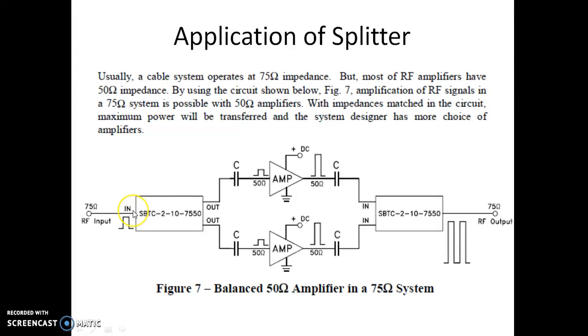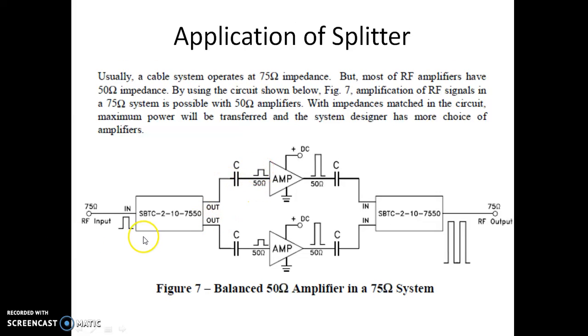This is a 75 ohm input splitter line. The input which has been fed at the input of the splitter, which is 75 ohm, has been split into 50 ohm output lines here. So these are the 50 ohm lines.